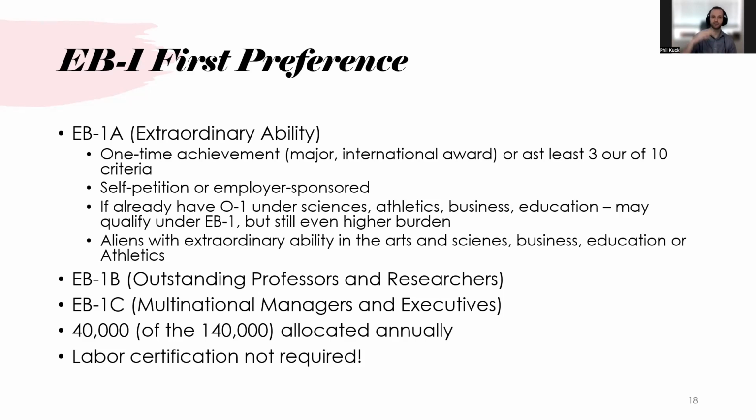It makes it a higher burden under the EB1A than the O1, even though the language of extraordinary ability is very similar. Aliens with, I hate the word aliens. So, I mean, immigrants with the extraordinary ability in the arts and sciences, business, education, or athletics.